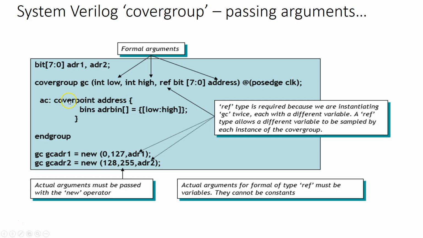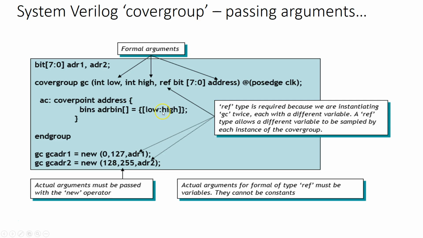Inside the cover group, I'm saying cover point address, the name of the cover point. And inside this cover point, this is the first time I'm showing you some bins, which again, bear with me, we will discuss in detail. I'm saying in this ADR bin, cover the address ADR1 from low to high.